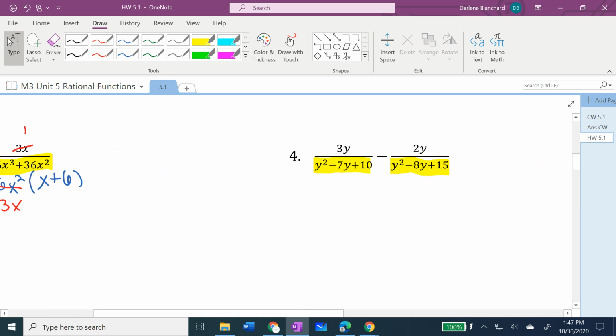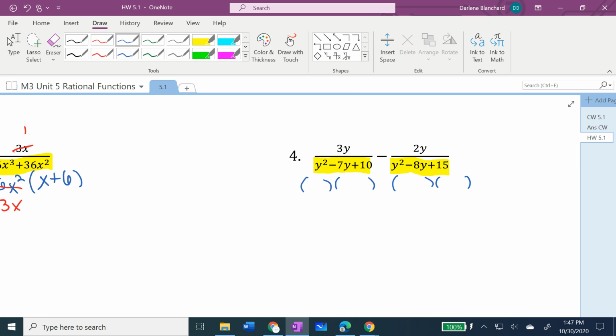So can you factor those two in number 4? Know that you're going to have to bring that step in. So what are their factors? Or should I leave that for homework?